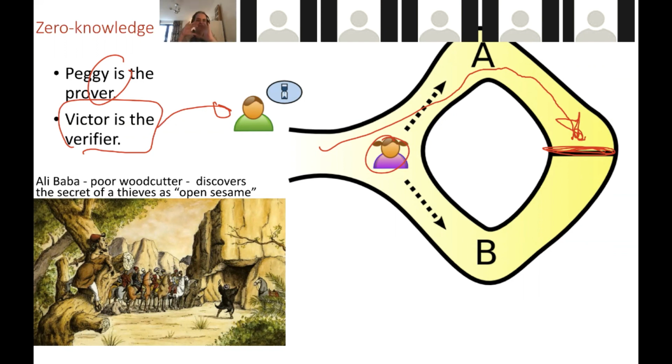Okay, so he shouts A, and Peggy appears. So has Peggy proven that she knows the secret password in this case? No. You've got a 50-50 chance of getting it right, so go on.